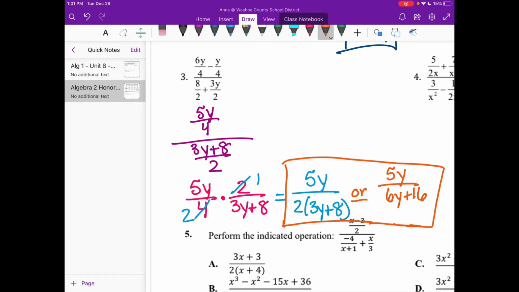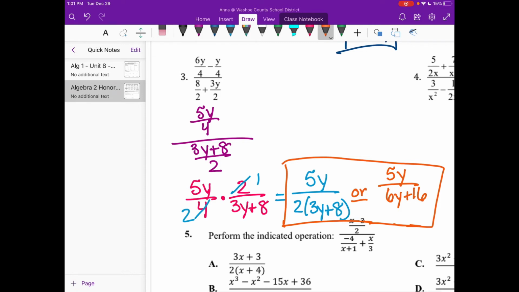It was pretty easy to make one fraction on top, one fraction on the bottom because they already had common denominators, so not awful. So I got 5y over 4 all over 3y plus 8 over 2. I flipped the second one and multiplied. I was able to cross reduce 2 and 4.